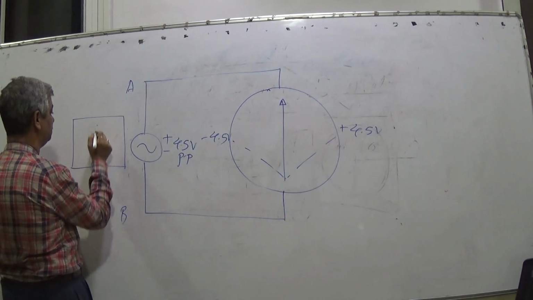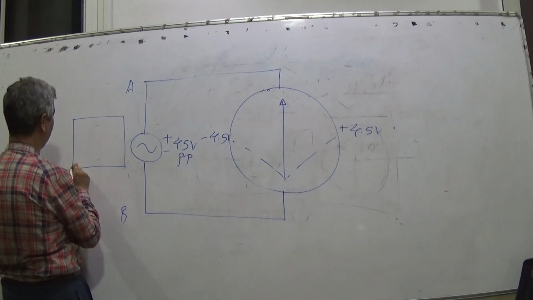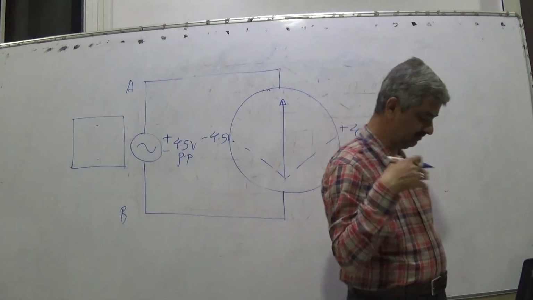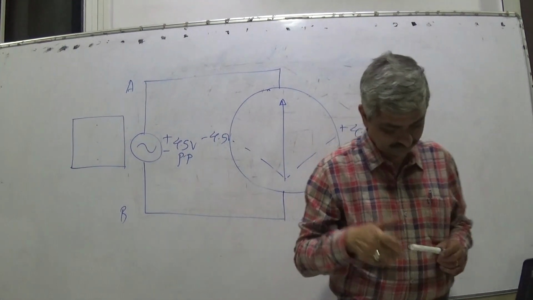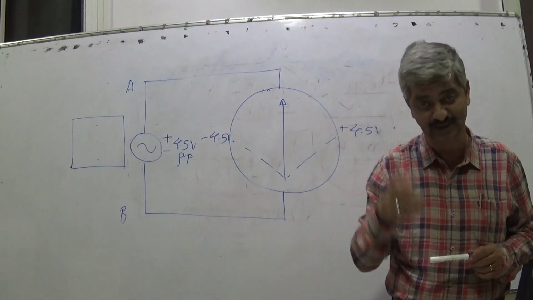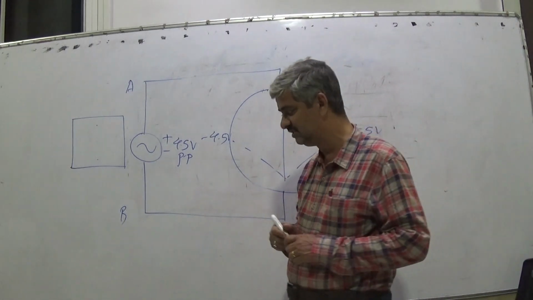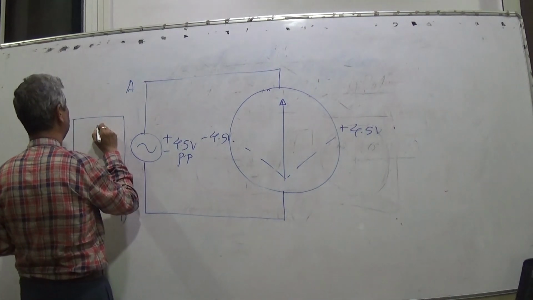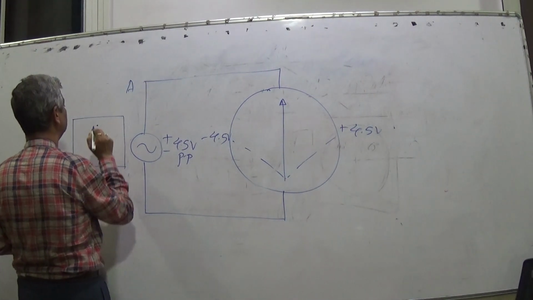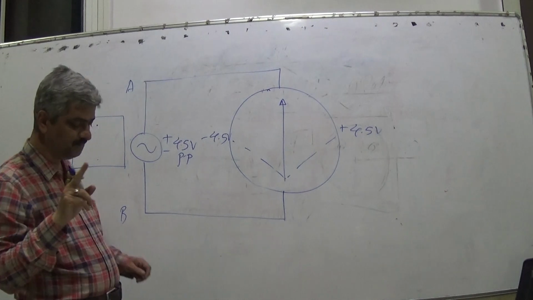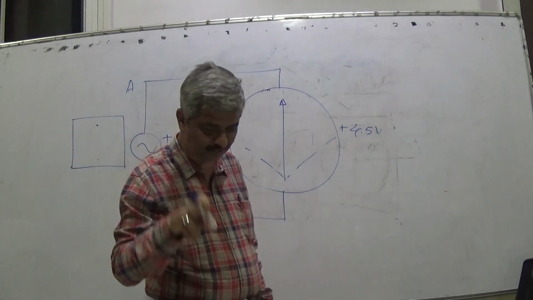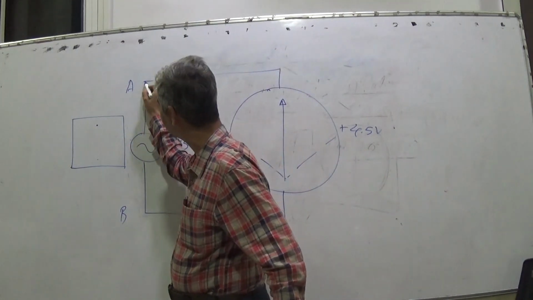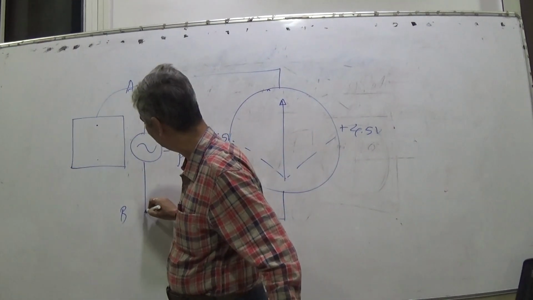Now we are having digital storage CROs, these are different, but in the old CROs, in physics you might have done the experiment of electron beam. In old CROs this spot is because of the electron beam bombarding on the screen. So that electron beam is deflected depending upon the voltage, and this voltage is also connected to this CRO.